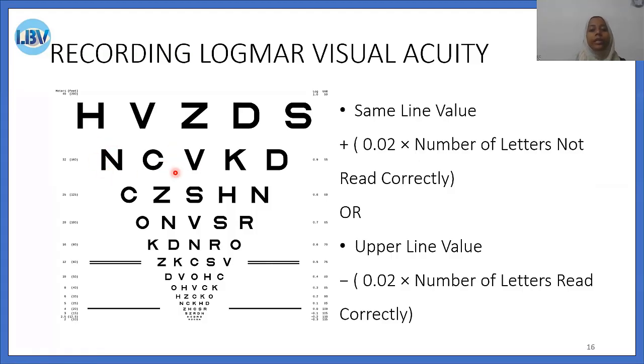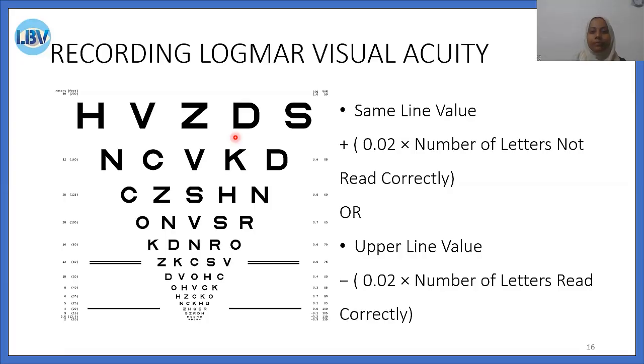So 0.02 multiplied by 3 is 0.06, and the upper line value is 1. So 1 minus 0.06 is equal to 0.94. So that is the visual acuity. In both cases, the visual acuity is the same. You can use either of the formulas.